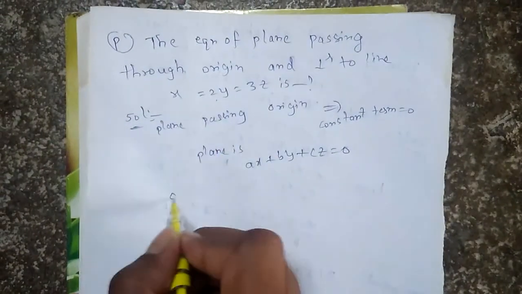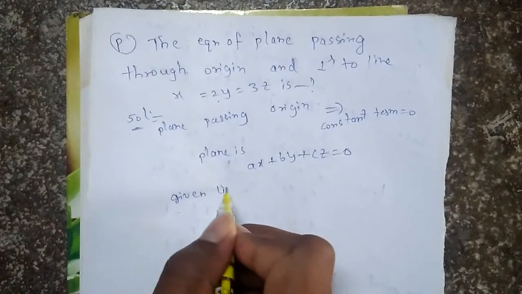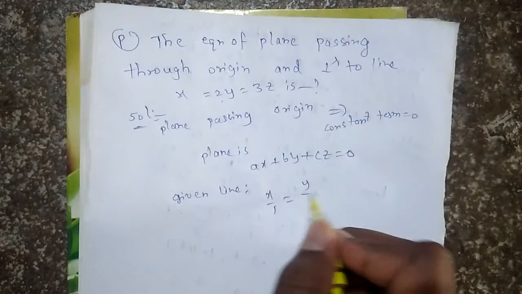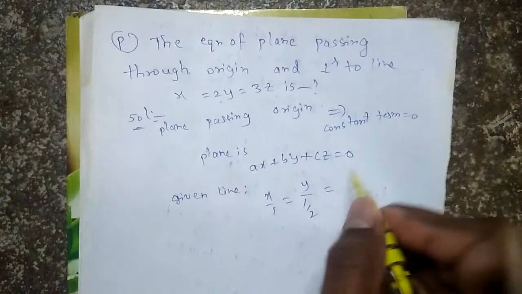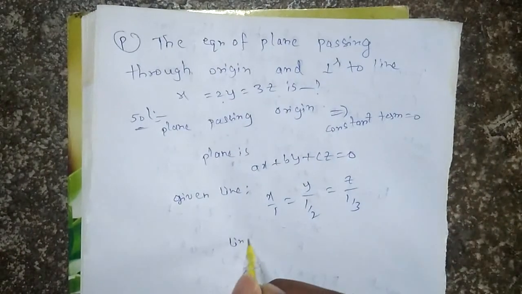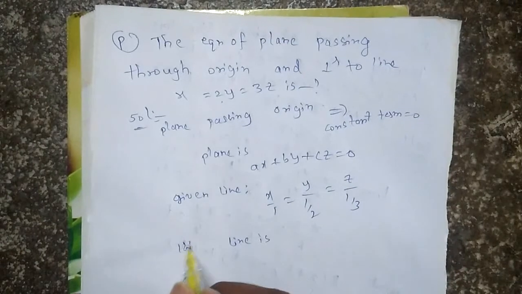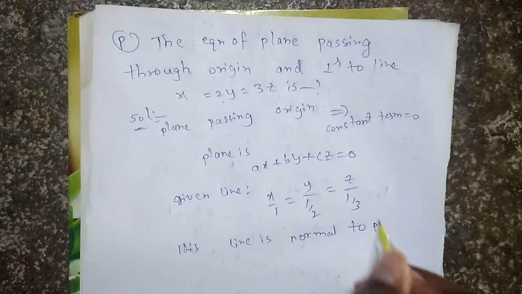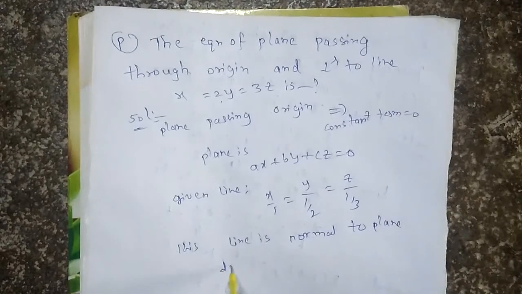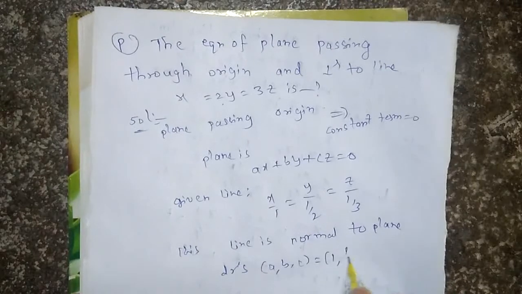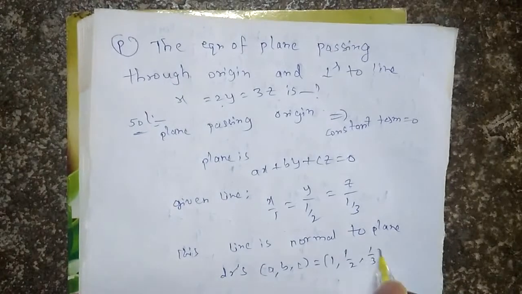Perpendicular means here the given line is x by 1. So this is 2y means y by 1 by 2. This is 3z means z by 1 by 3. So this line is normal to the plane. So its DRs a, b, c are 1, 1 by 2, 1 by 3.